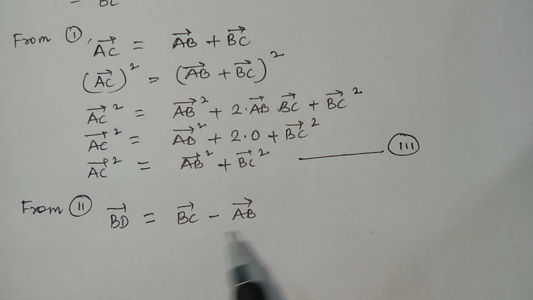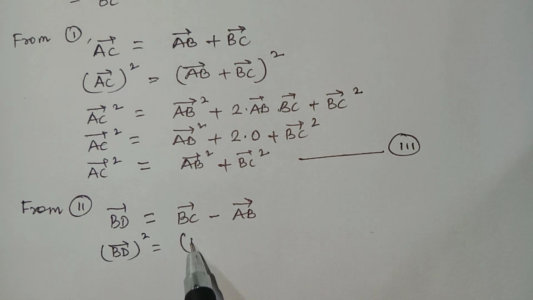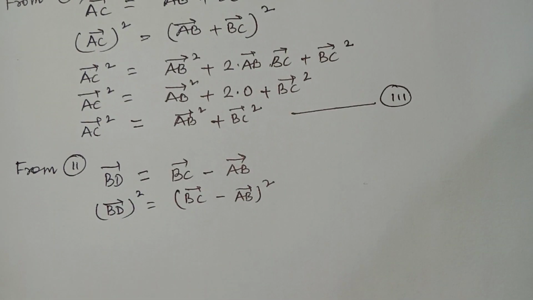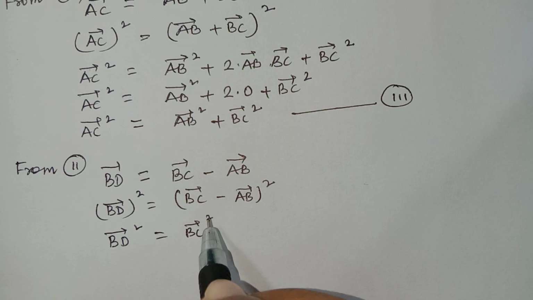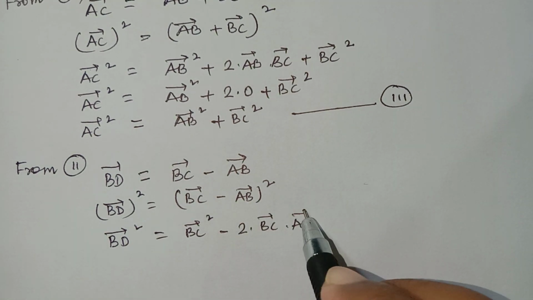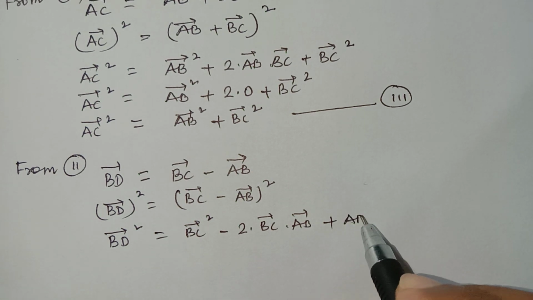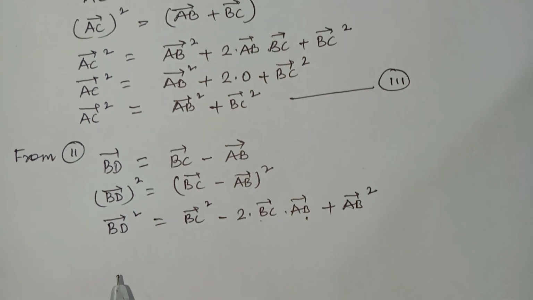Now let's square both sides. We get BD vector square equal to BC vector minus AB vector square, that is equal to BC vector square minus 2 BC vector dot AB vector plus AB vector square, and we know that BC and AB are perpendicular vectors and the dot product of perpendicular vectors is 0.